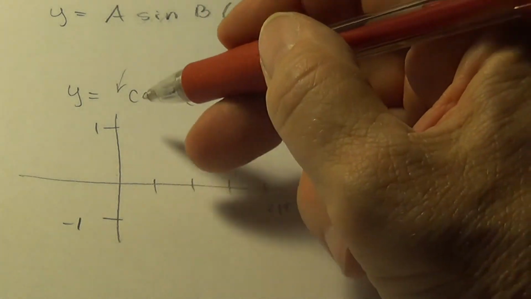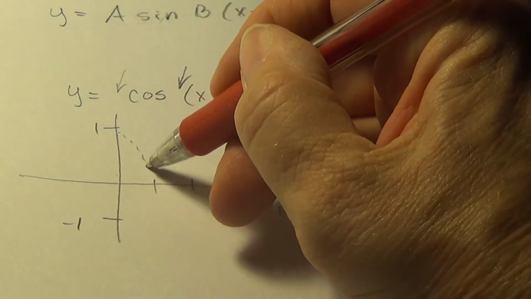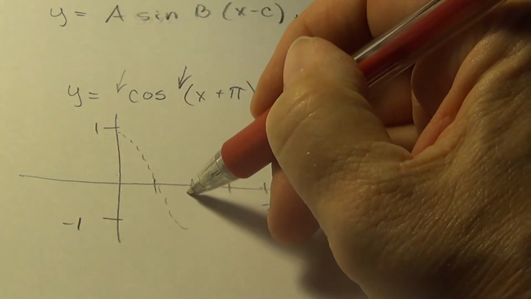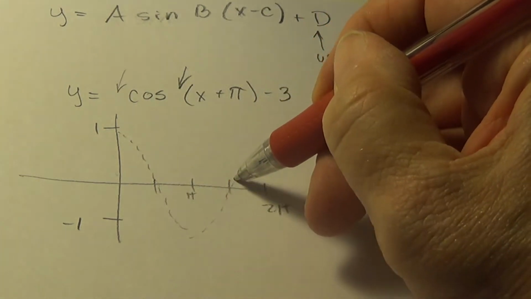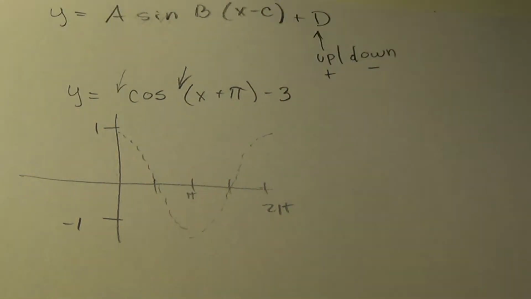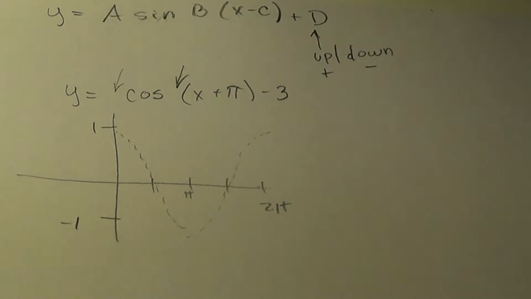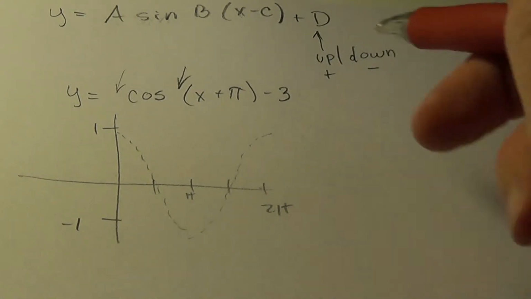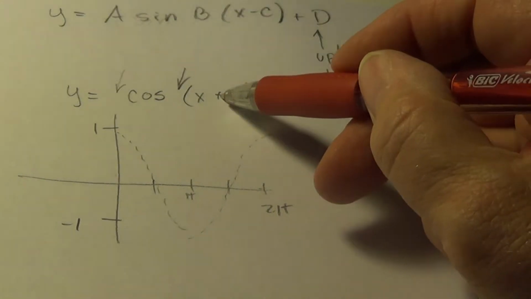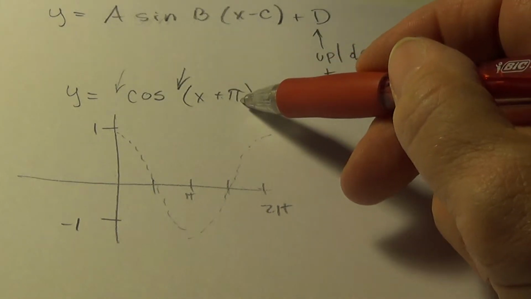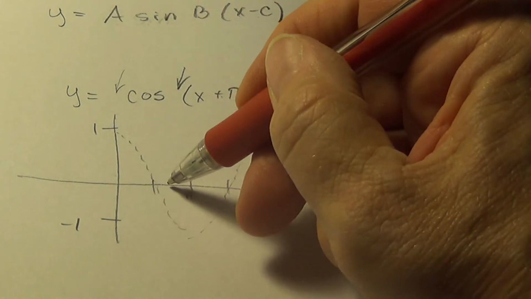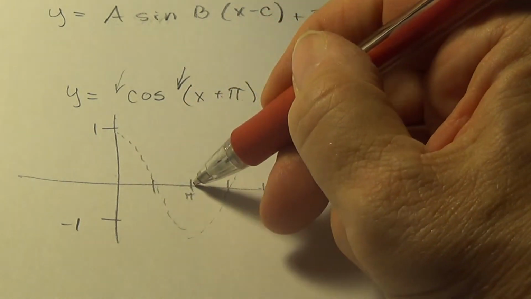So I go ahead, a cosine curve starts at the top, bottoms out at pi, goes back up like that. So that's not the real answer, so I dotted it in lightly. Then we learned that this would be a positive, we'll move it to the left, pi radians. So here's a distance of pi radians.